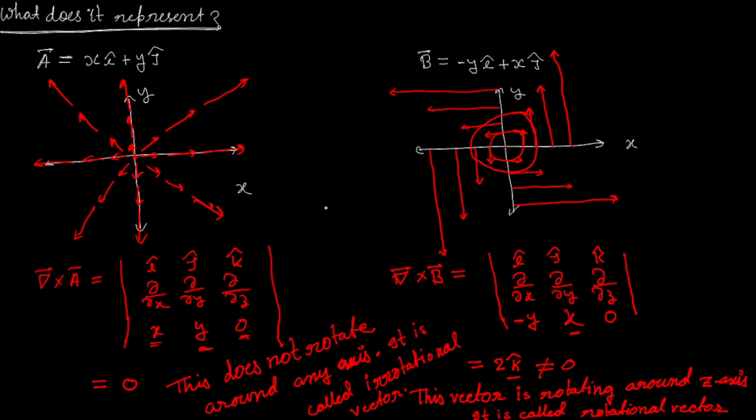Now we know how to write the gradient of a scalar field in the rectangular coordinate system and what its physical meaning is, and also we know how to write divergence and curl and what their physical meaning is.